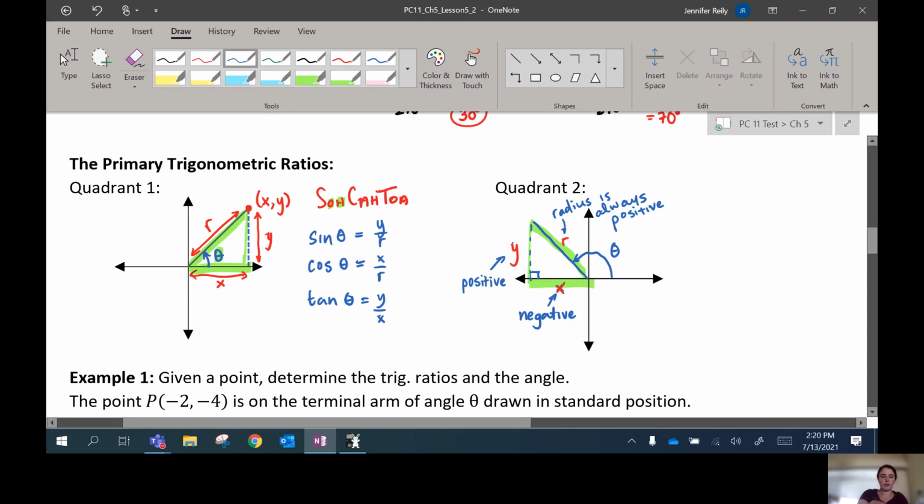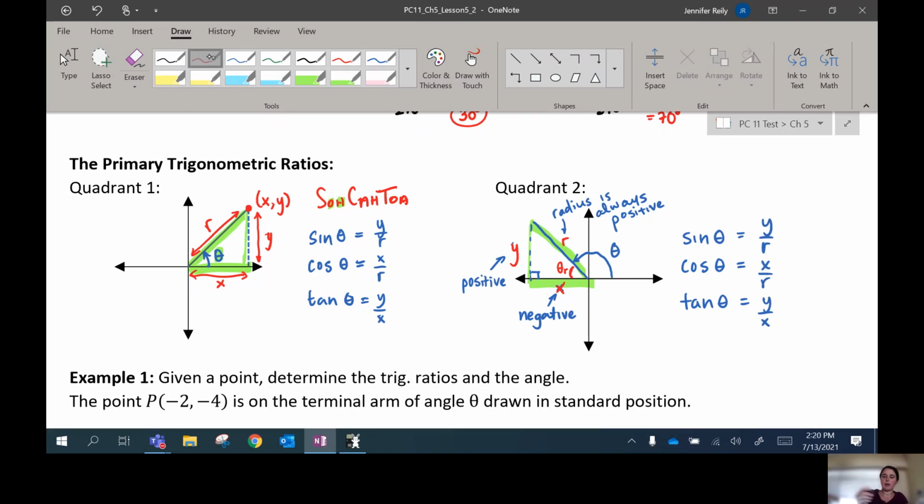Okay, so here's our reference angle. I'll call it theta r. So sine theta, cos theta, and tan theta will have the same formulas. This would be opposite over hypotenuse, so still y over r. This would still be x over r, and this would still be y over x.